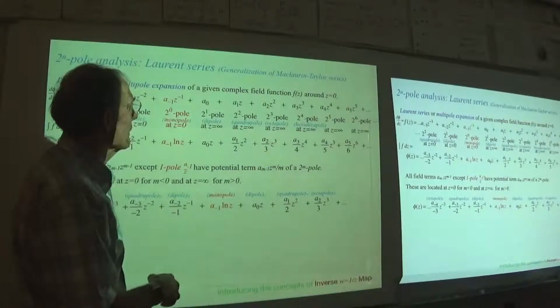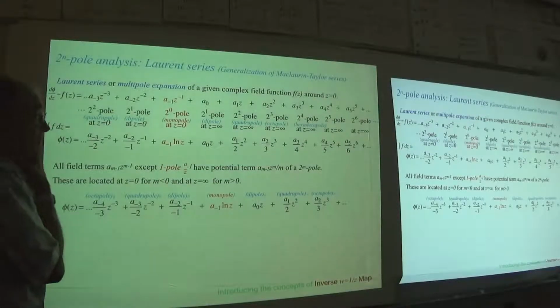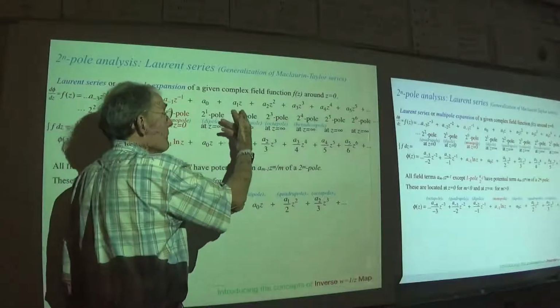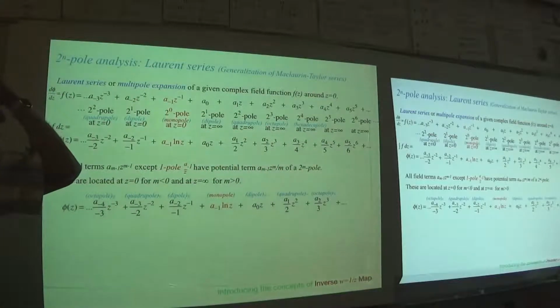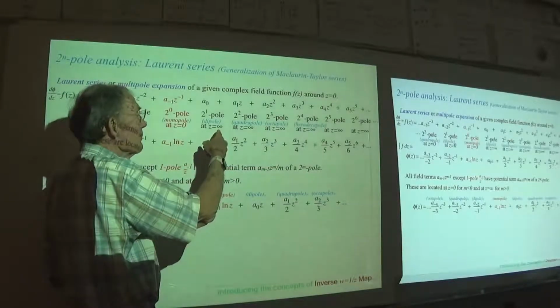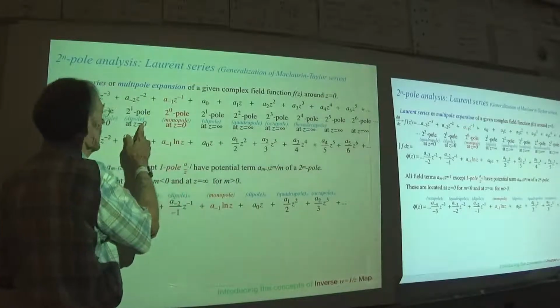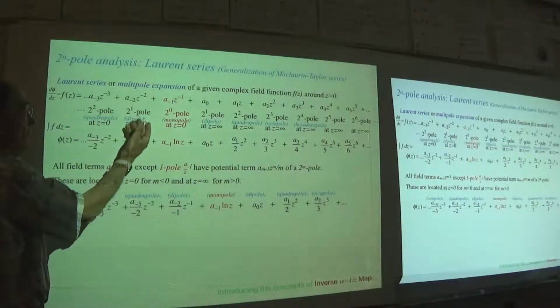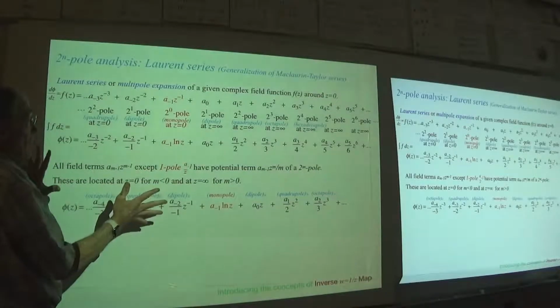Most of the time we only have a few coefficients that are not zero. But we imagine an infinite series in both directions. Positive direction, that's a good old Maclaurin series. And of course this can be around any point. We're taking it around the origin. Here these things are actually having their sources in our laboratory.